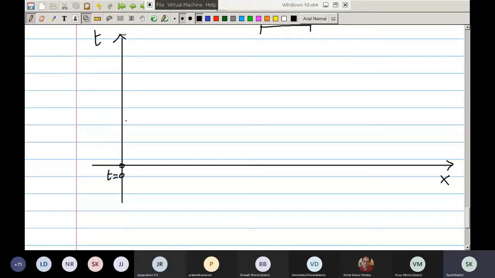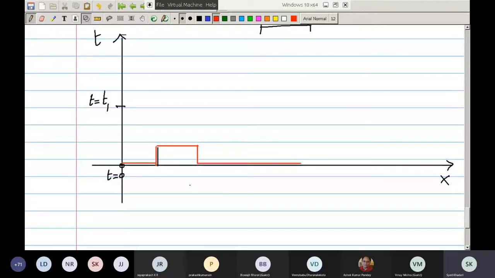And let's say this is some time t equal to t1. So I said that at time t equal to 0, the disturbance is at some location. The disturbance is somewhere here. This is the thermal profile.